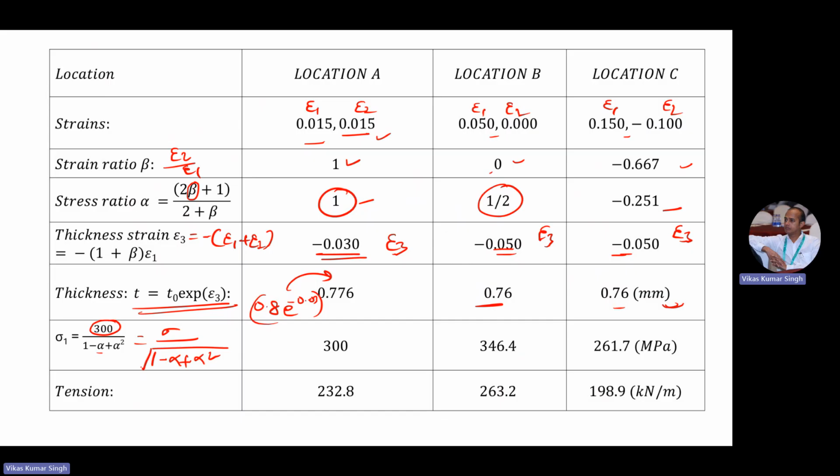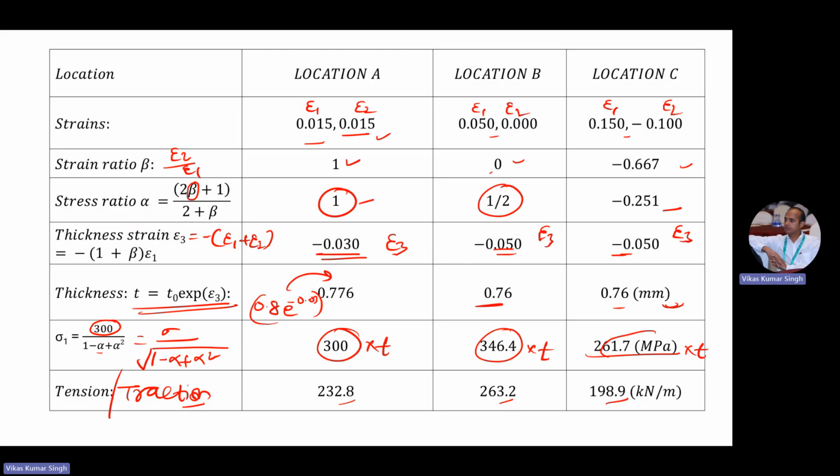So you have to put all these values, and you will get the stress at all three locations. Once the stress is calculated, you can calculate the traction at each location. How? Just multiply this with thickness at each location, and you will get the traction.